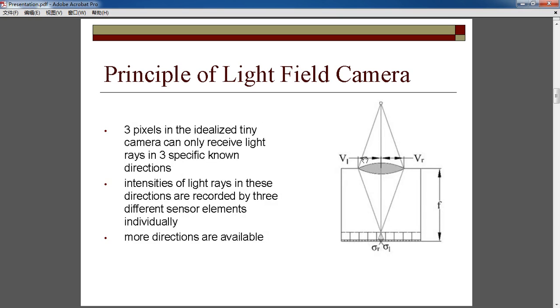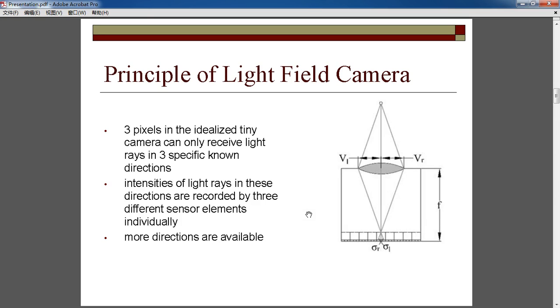In this figure, parameter V is the distance from the optical axis of the lens to the aperture on the blocking plate, and F is the distance between the lens and the sensor plane. The subscripts of these parameters denote that they are associated with the R or L pixel, because the 3 pixels in the idealized tiny camera can only receive light rays in 3 specific known directions. All light rays in other directions are eliminated.